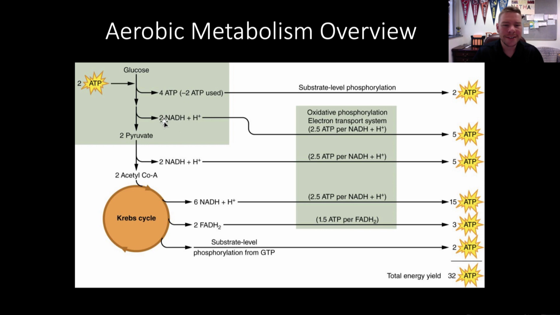And we also get 2 NADHs. Well, those NADHs, as shown here, will go to the electron transport chain, okay? If you have 2 NADHs, and each of those NADHs give us 2.5 ATP, well, that's how we get 5 there, okay? So at this point, we have 7 total ATP.